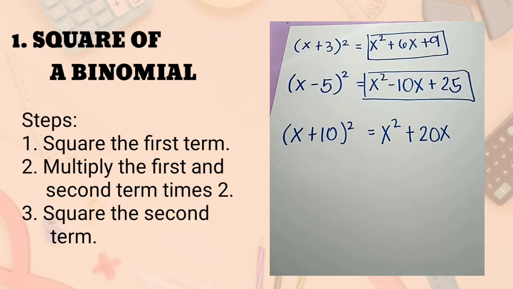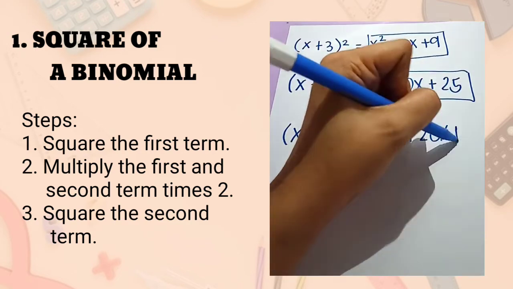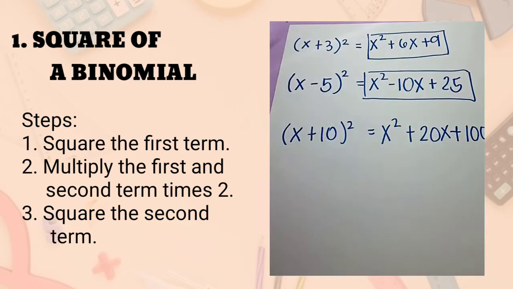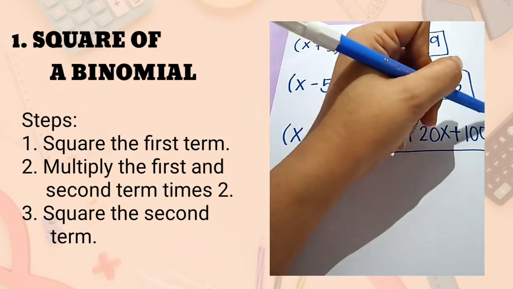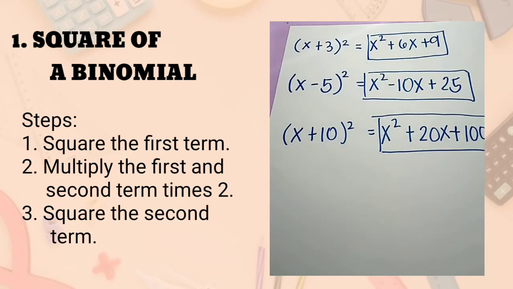And the last step, or the third step, ay we are going to square the second term, which is 10. So, 10 times 10 ay equals to positive 100. Then, this is our answer.